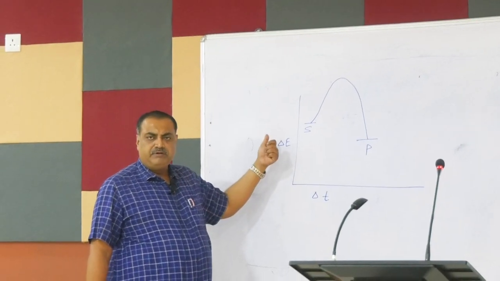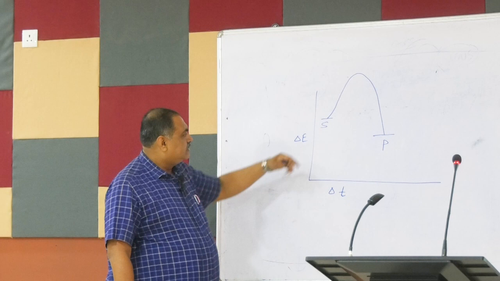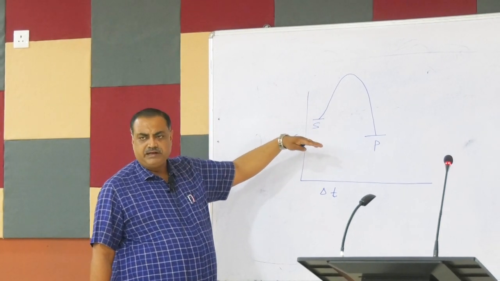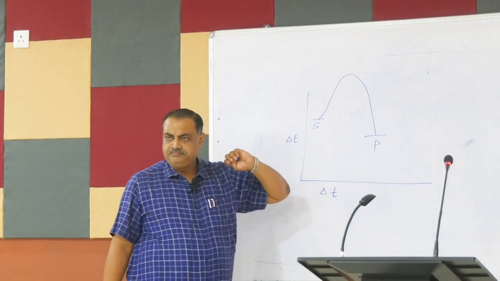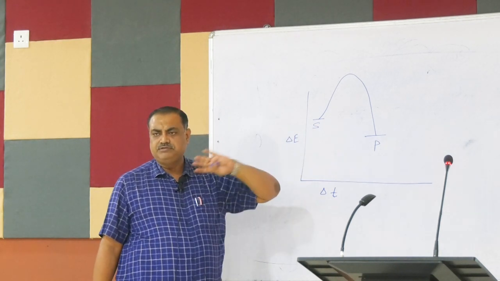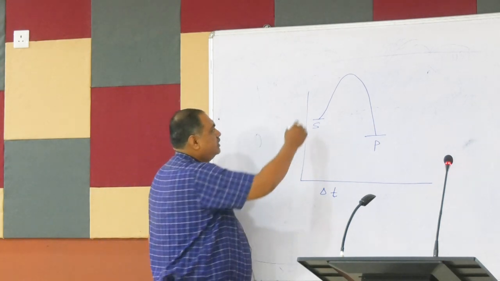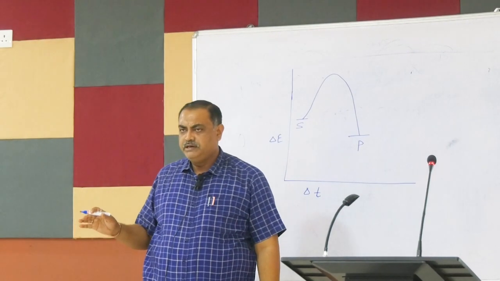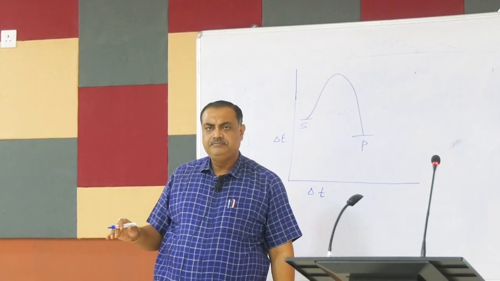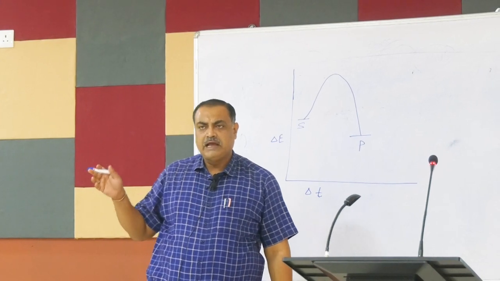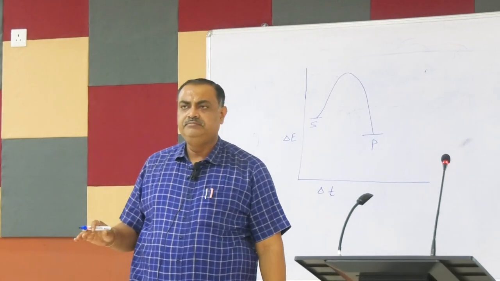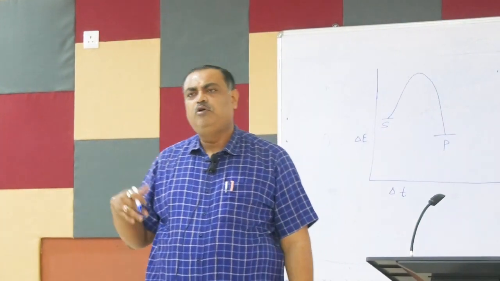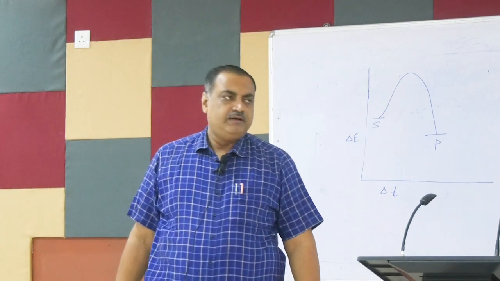So in a graph of energy versus time, the bare minimum energy level of the substrate is higher than that of the product, and only then will substrate to product transformation take place. Now, if there is no enzyme, can the reaction take place? Yes. What will be the difference? It will be slow. It will take more time. Correct?